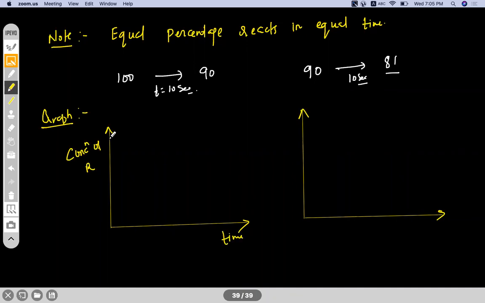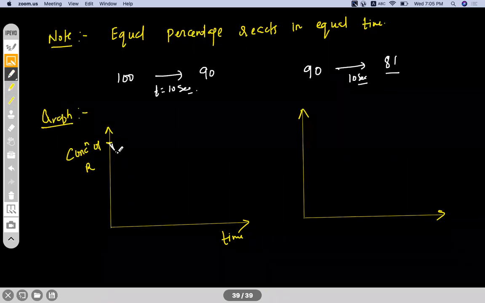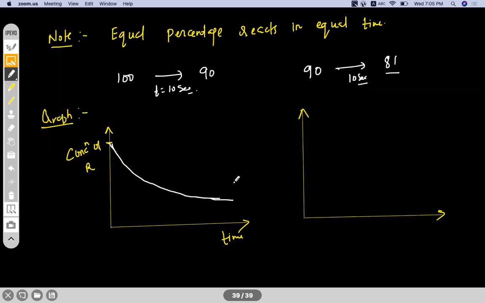So it has the initial concentration maximum, and with time the concentration decreases. The graph is logarithmic, so it will be a curve like this. Okay, it goes to a minima, it will be a curve like this.